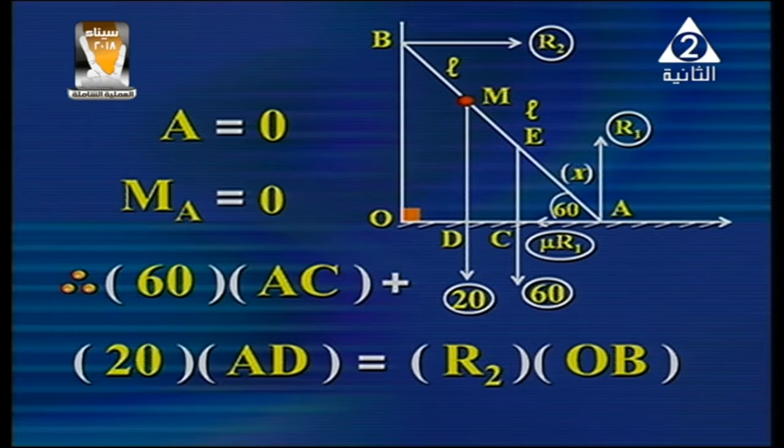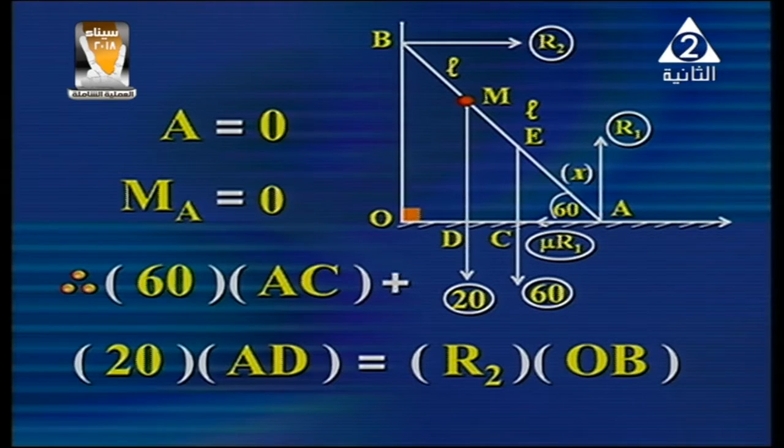Why? Because in triangle AOB, sine 60 equals what? OB over AB. Then we deduce the length of OB by substitution, with AB equal to L.